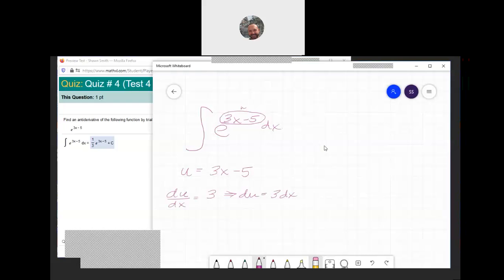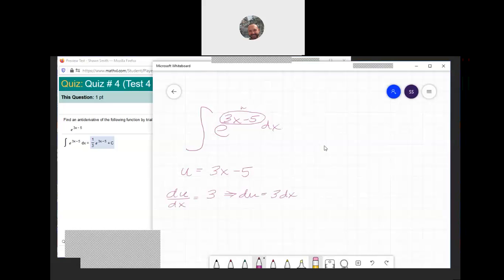All right, so if I let that be u, I need dx right here, and I need a 3 in there, right? So an easy way to compensate for that is to multiply something by 1, it's still 1, right? If I multiply something by 10 over 10, that is equal to 1, right?